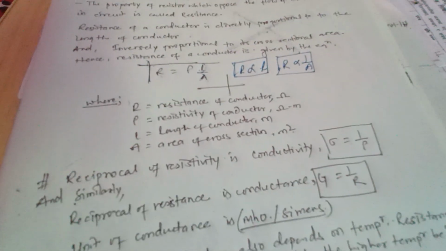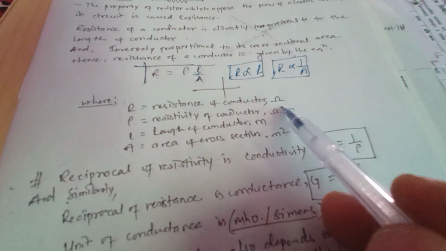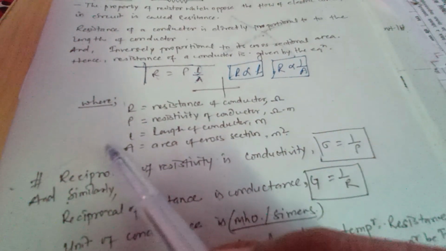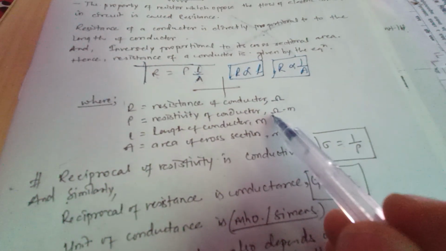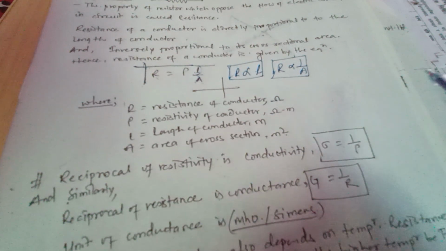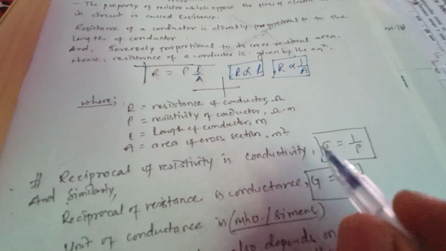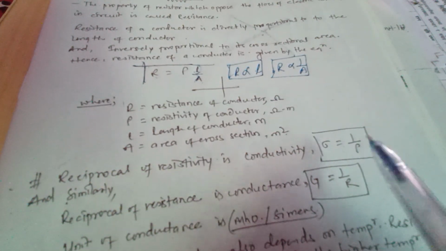R is the resistance of the conductor, in ohm. Rho is the resistivity of the conductor, in unit ohm meter. L is the length of the conductor, in meter, and A is the cross sectional area, in square meter.